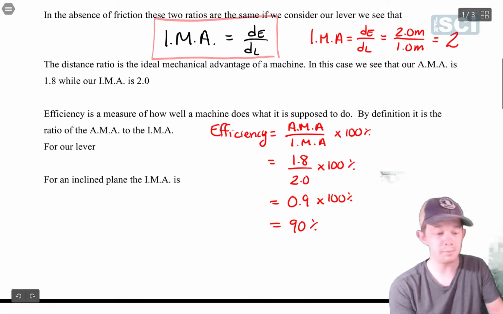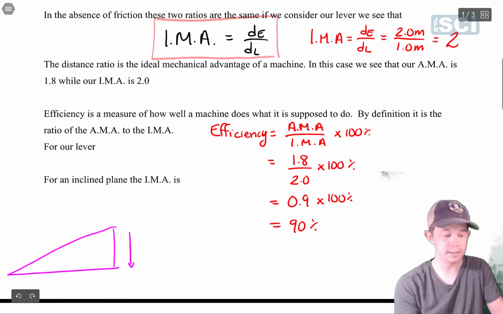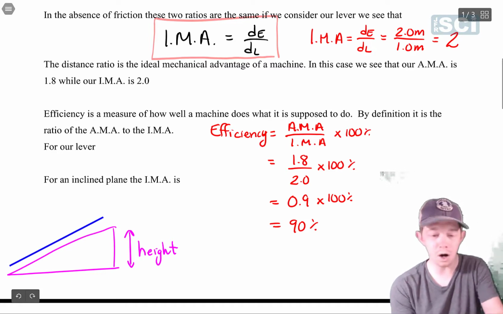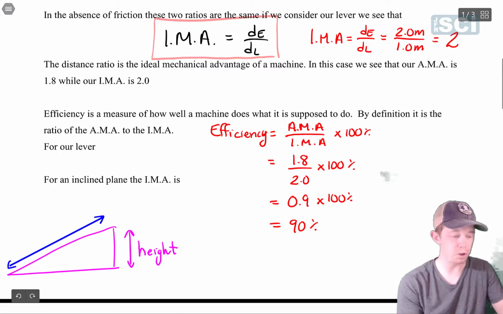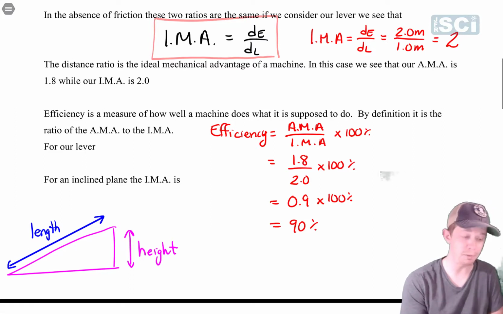Okay, so for our inclined plane, if we think about an inclined plane, it has a height, which we'll define here. It also has a length. So the length of it is how far I actually have to push the box or whatever object, my load, up that plane.